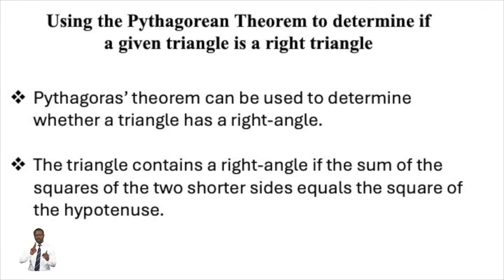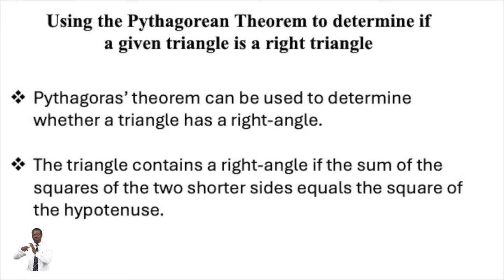Using the Pythagoras theorem to determine if a given triangle is a right triangle. Pythagoras theorem can be used to determine whether a triangle has a right angle. The triangle contains a right angle if the sum of the squares of the two shorter sides equals the square of the hypotenuse.